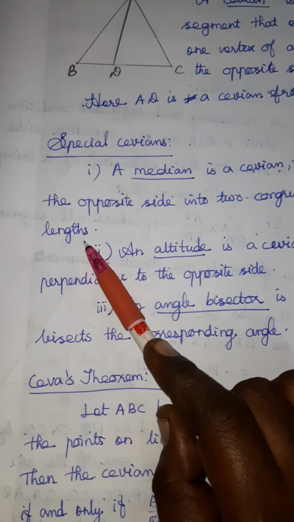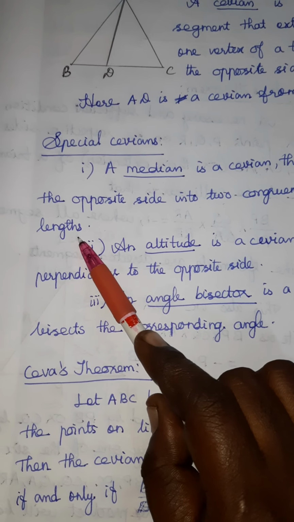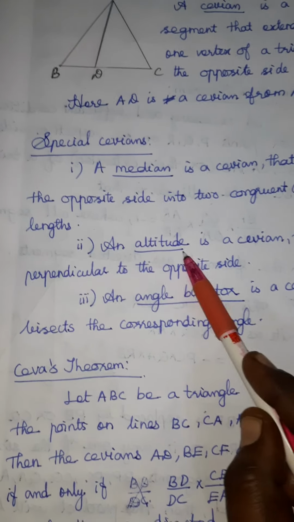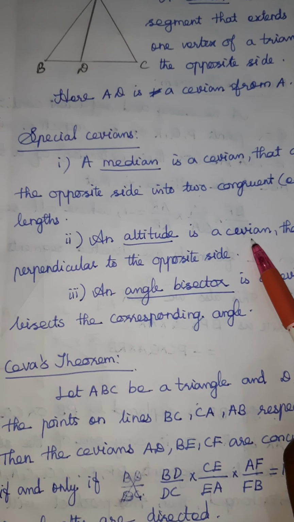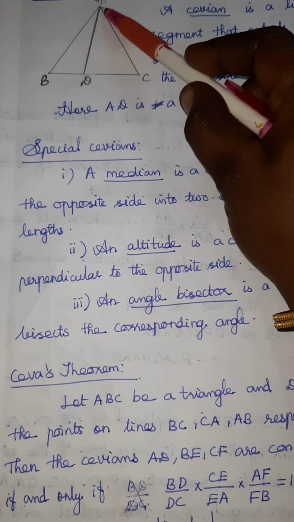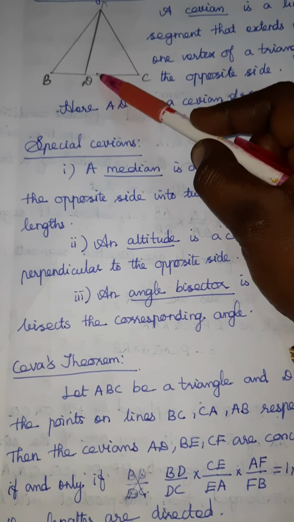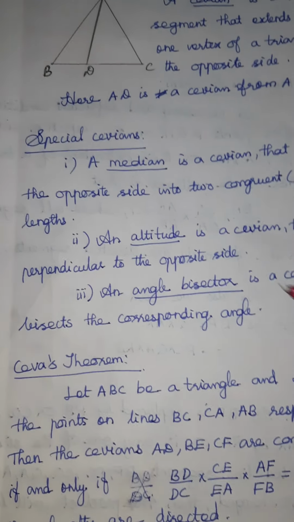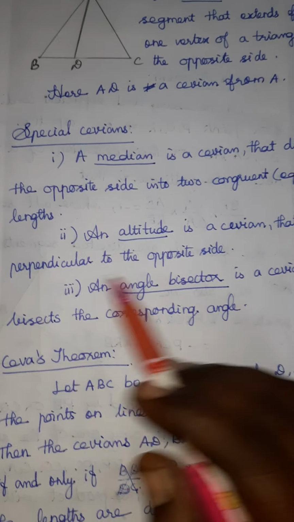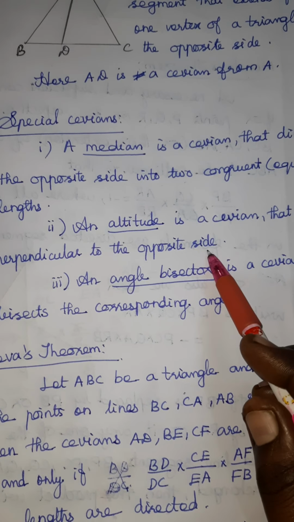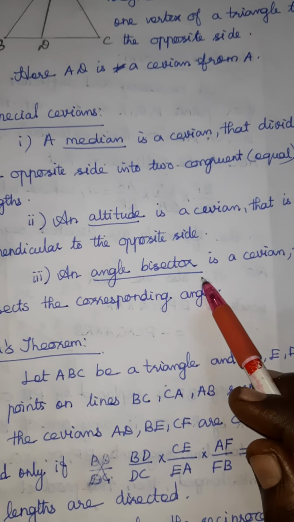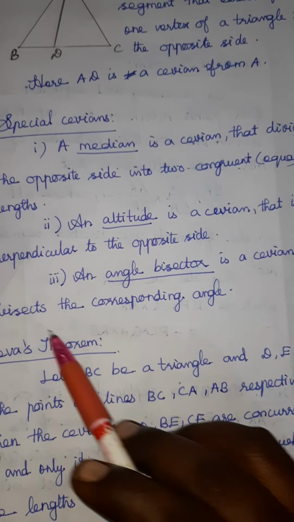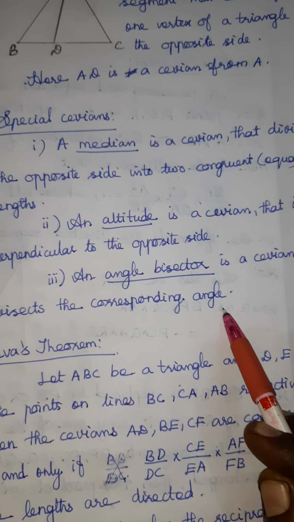Then an altitude is also a Cevian. Altitude means it is a perpendicular from one vertex to the opposite side, so it is a Cevian that is perpendicular to the opposite side. An angle bisector is a Cevian that bisects the corresponding angle.